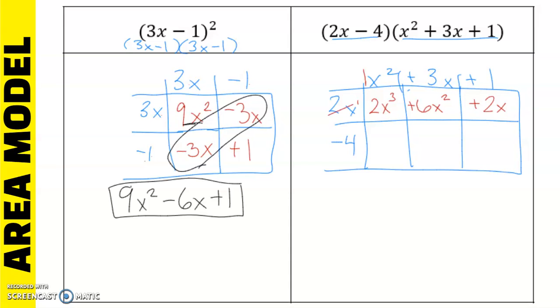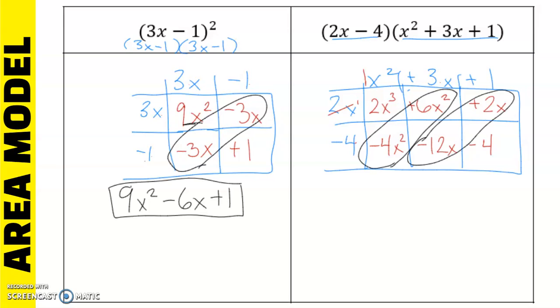I'm done with that. And I go to negative 4. Negative 4 times x squared is negative 4x squared. Negative 4 times 3x is negative 12x. Negative 4 times 1 is negative 4. Whew. Yeah, lots of pieces. Just be methodical and organized.